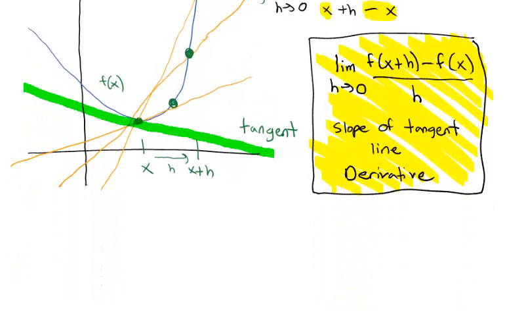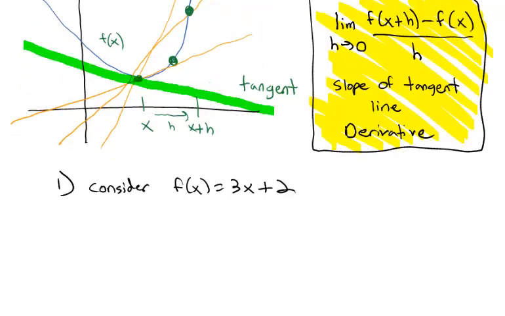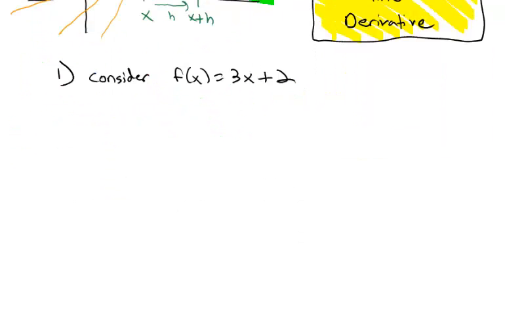So let's see if we can calculate some derivatives. Let's consider the function f of x equals 3x plus 2. And we're going to find the derivative of this first. Well, how about this?